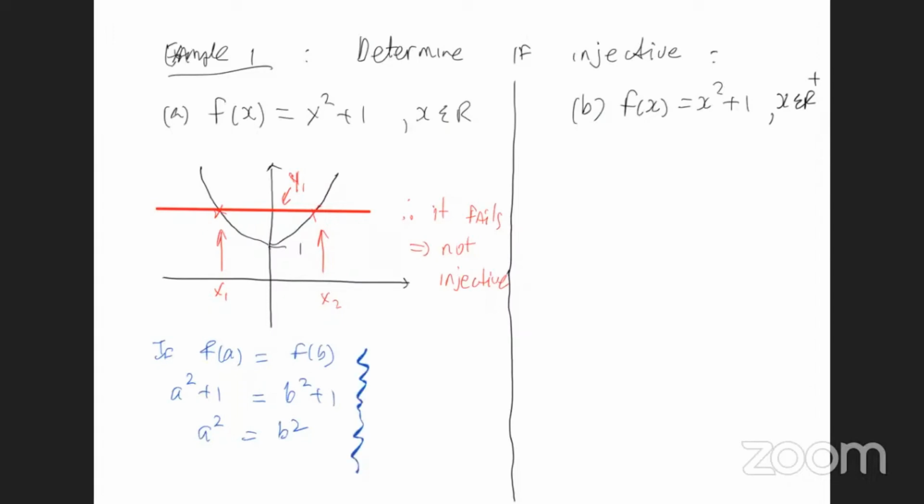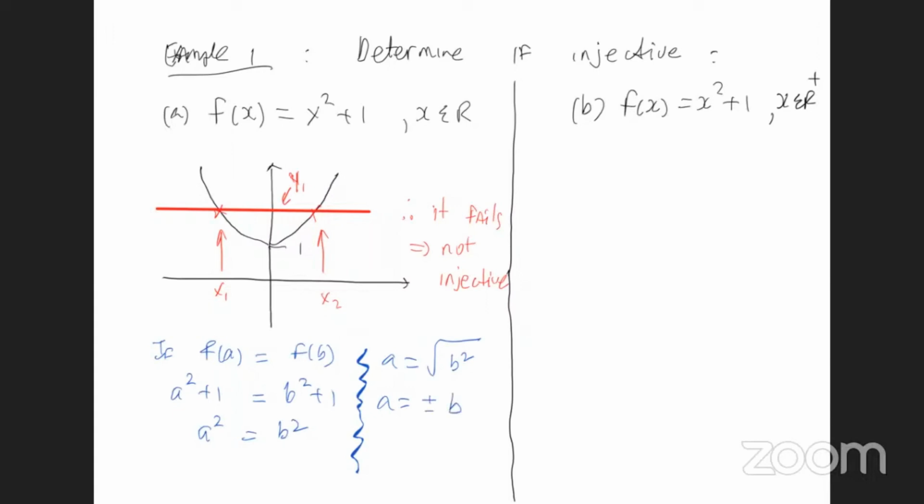Square or square root? Square root. So when you square root, you get the square root of b squared. What is the square root of b squared? Plus or minus b.